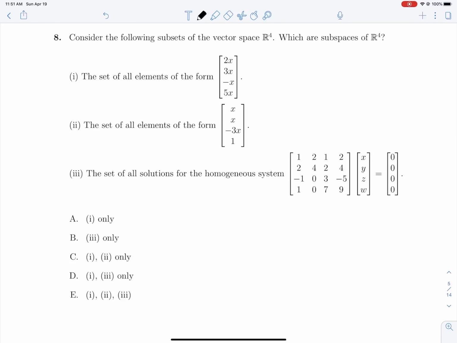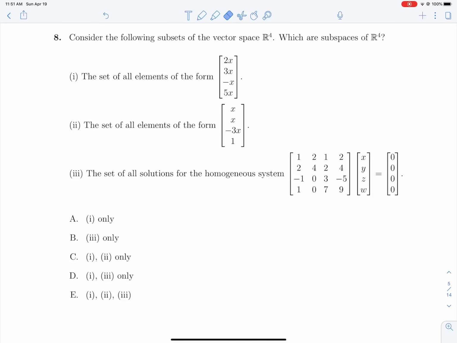Okay, 8. Consider the following subsets of the vector space R4, which are subspaces of R4. Right off the bat, I can see that 2 of these are perfectly fine subspaces, and one of them is not. The one that is not is this guy right here, and the easiest way to see that is that there is no value x that you can plug in to get the origin, because this 1 will always be there no matter what.